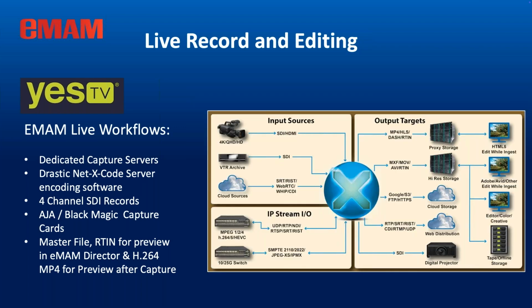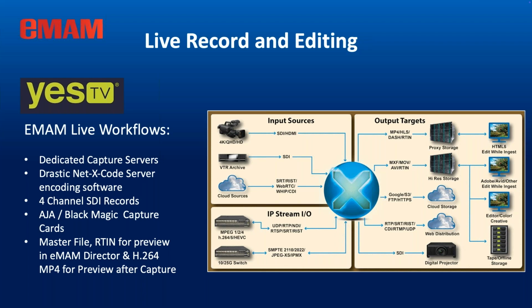So with Drastic, what we've done is worked with them on different types of input. It could be HDMI, it could be SDI feeds coming in, SRT, different types of IP streams as well that are coming in. With their software, we're able to encode different levels of quality of video, original content. Of course, it depends on where it's coming from.